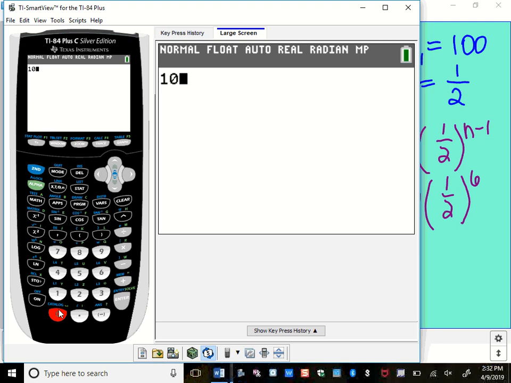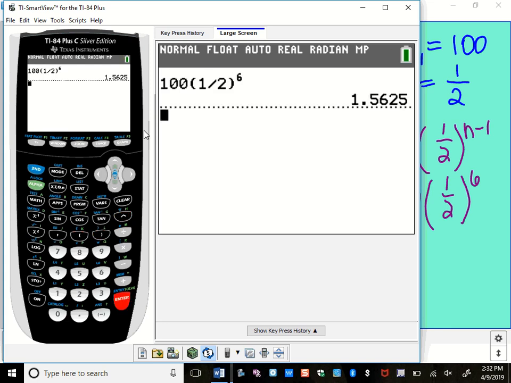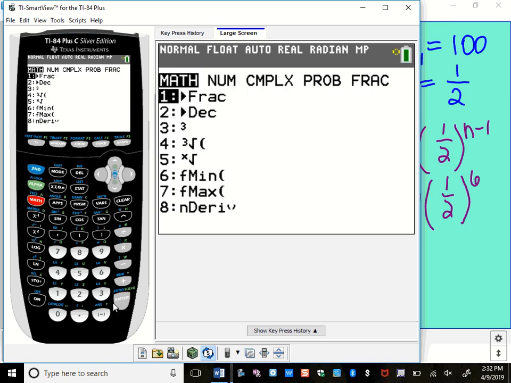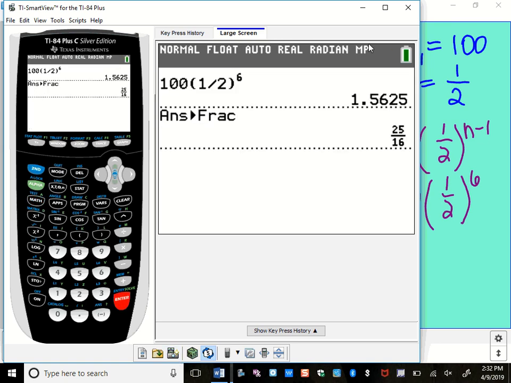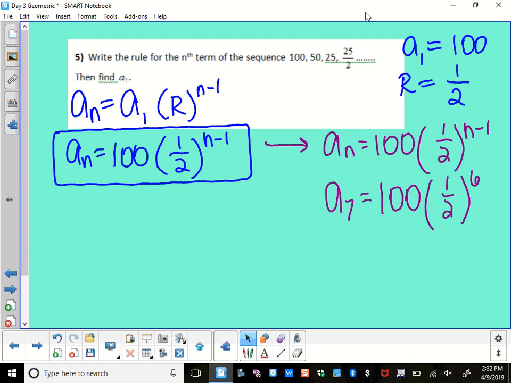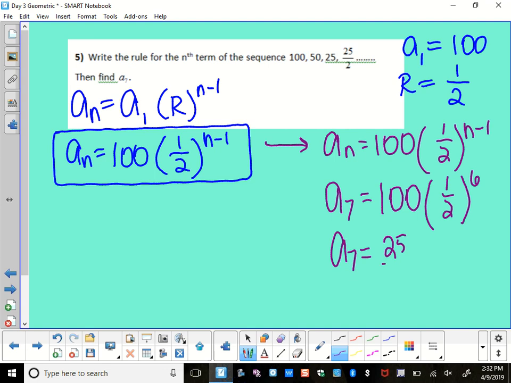So we have 100, parentheses, 1 divided by 2, to the power of 6. Did you guys get that number? Yeah. You should get 25 over 16. So my 7th term is 25 over 16.